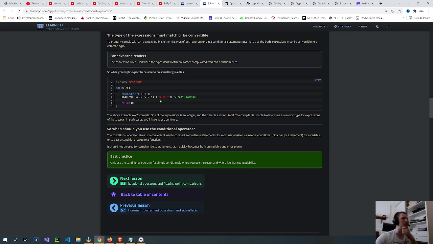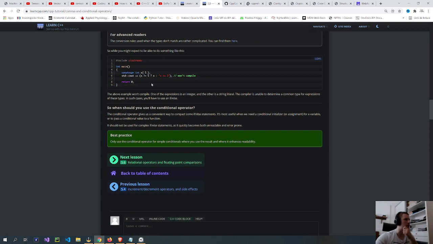So this is different than other languages, because other languages can do this. I don't remember really well if Python has a ternary operator. For JavaScript, I know it has, and you can do this with JavaScript, but apparently not C++ because of the type thing.